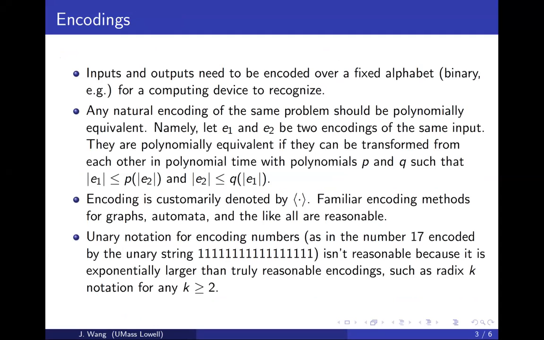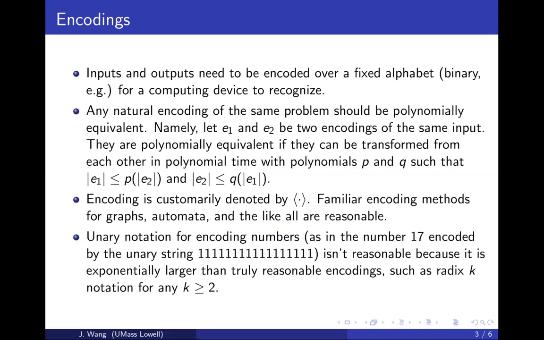Okay, so we do need a fixed encoding to describe the problem, just like a description of a Turing machine. Once again, whenever we mention Turing machines, we should have in our mind that a Turing machine is just a program.